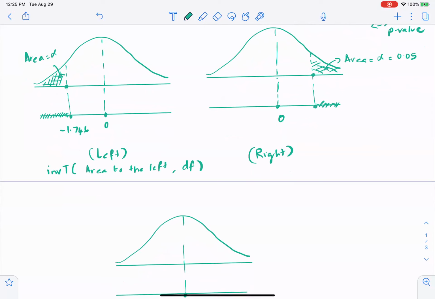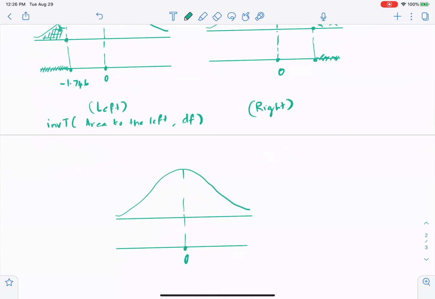But when we do a right tail test, you have the area to the right, but if you have the area to the right, you could actually get the area to the left. So area to the right is 0.05, therefore, area to the left in this case would simply be 1 minus alpha. So when you put it in the calculator, you would actually do inverse t, 1 minus 0.05, which is alpha, comma 16.